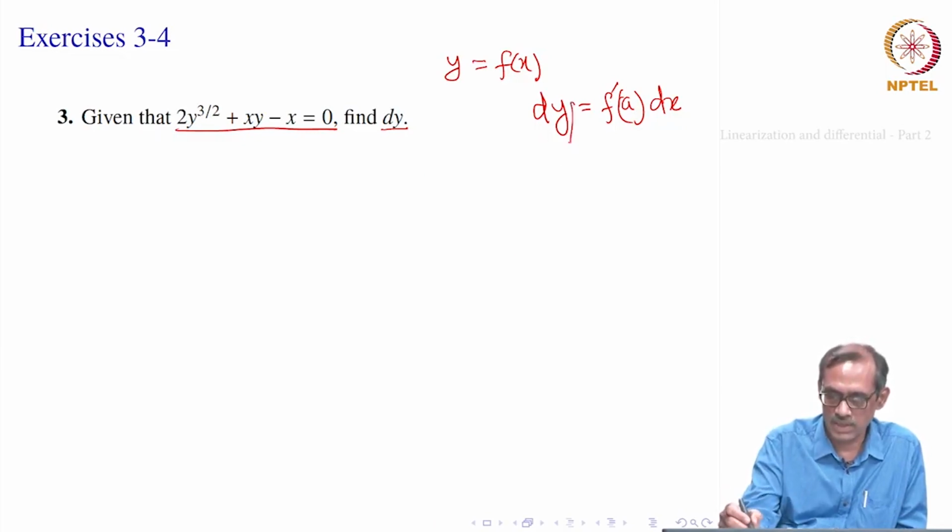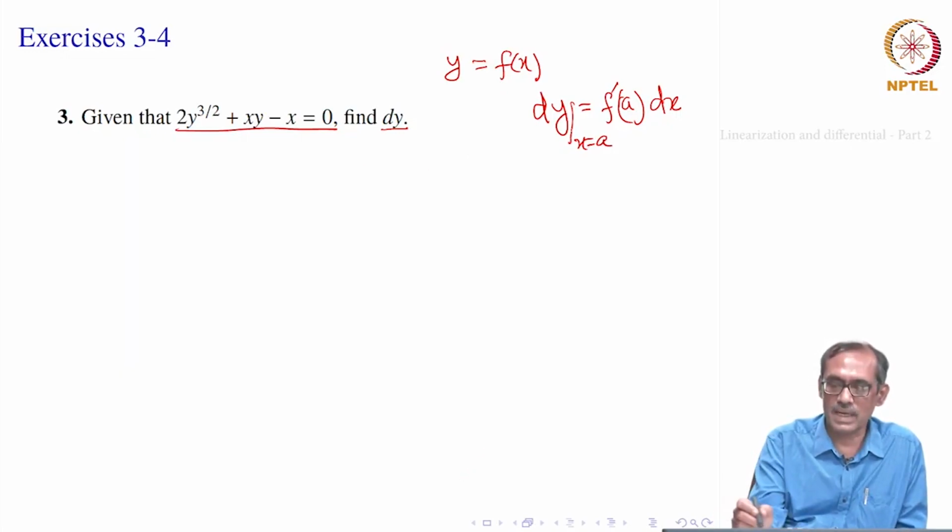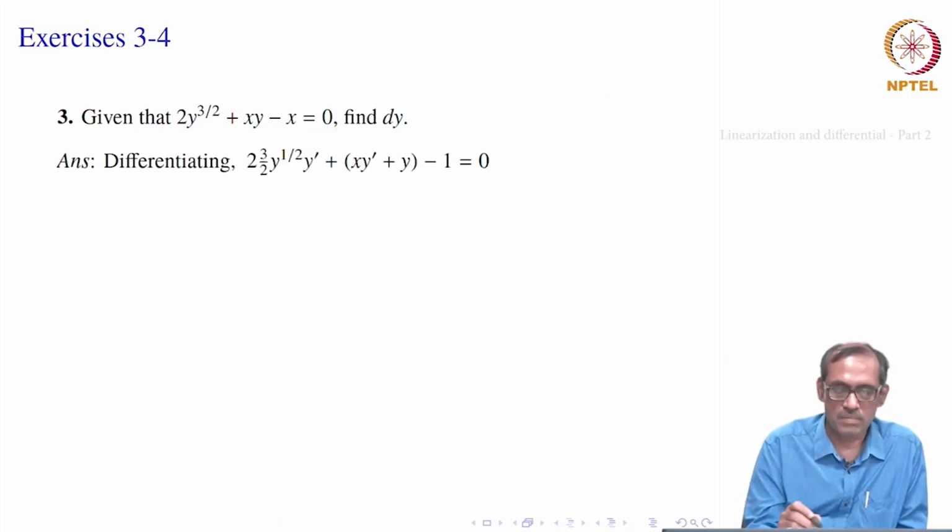So, this is really the differential at x equal to a, which we are suppressing, we are not writing it. So, if nothing is asked, that means at any arbitrary point x, what is the differential? Fine. Okay, so let us proceed.